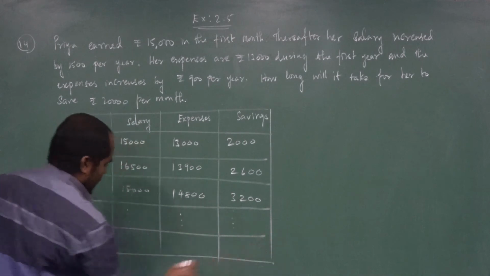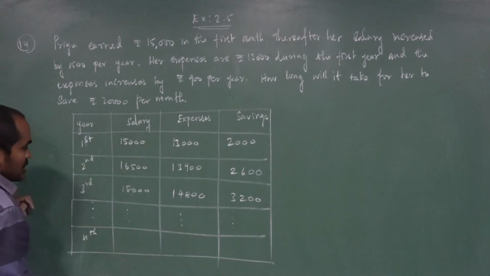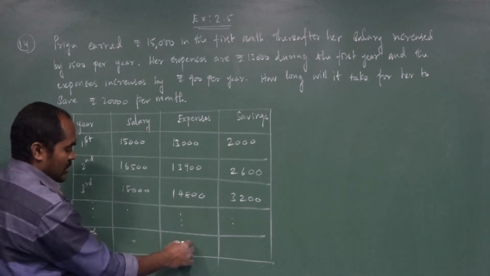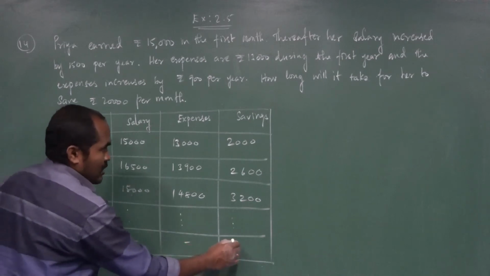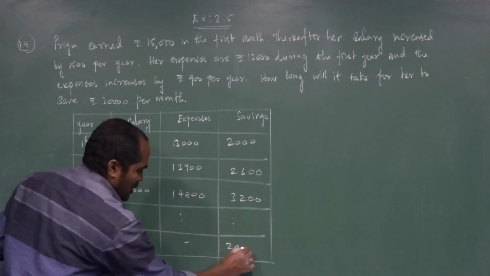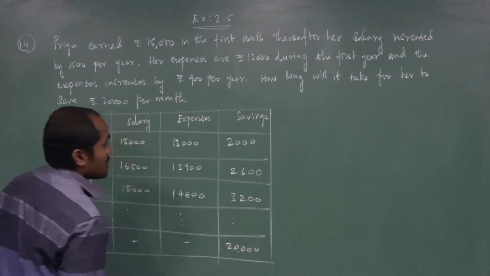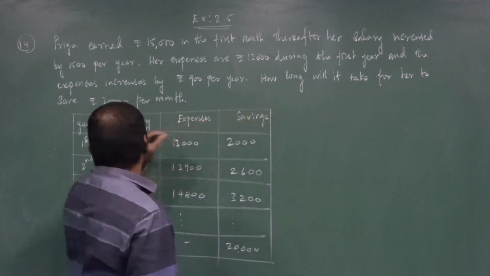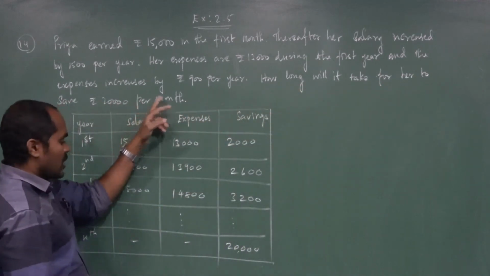What is that? Nth year savings. We didn't know the salary of the nth year and expenditure also we didn't know. But savings is now 20,000 because our question is what? How long will it take for her to save 20,000 per month?